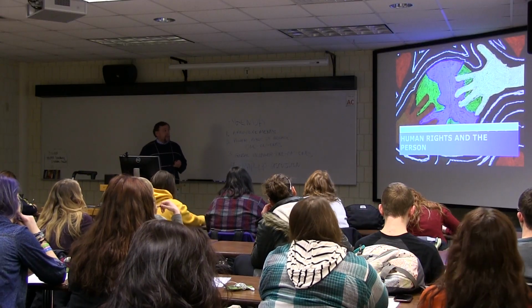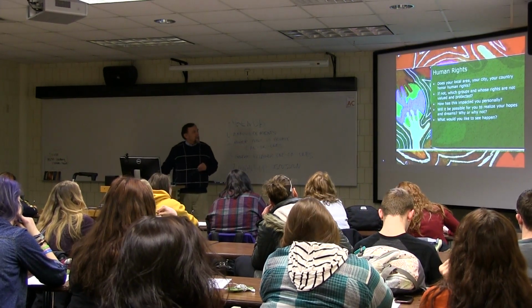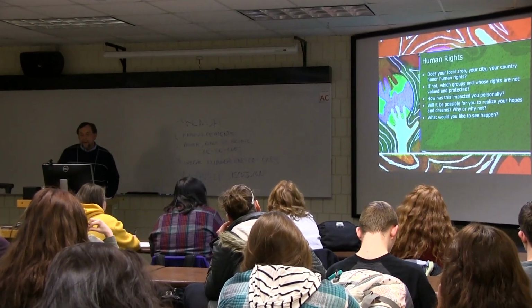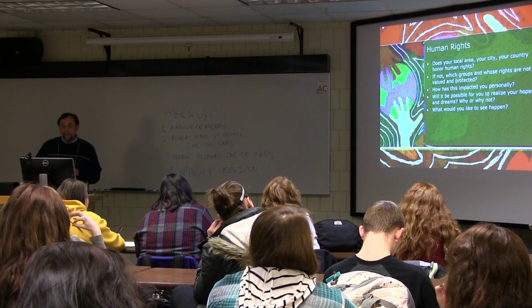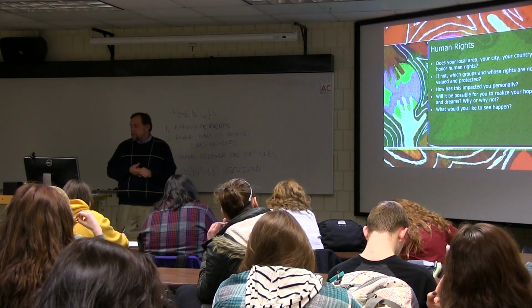And then, since this is a human rights class, I would ask them, do they feel like their rights are being respected in their area, their city, their country? And if not, which groups and whose rights are not being valued and protected?